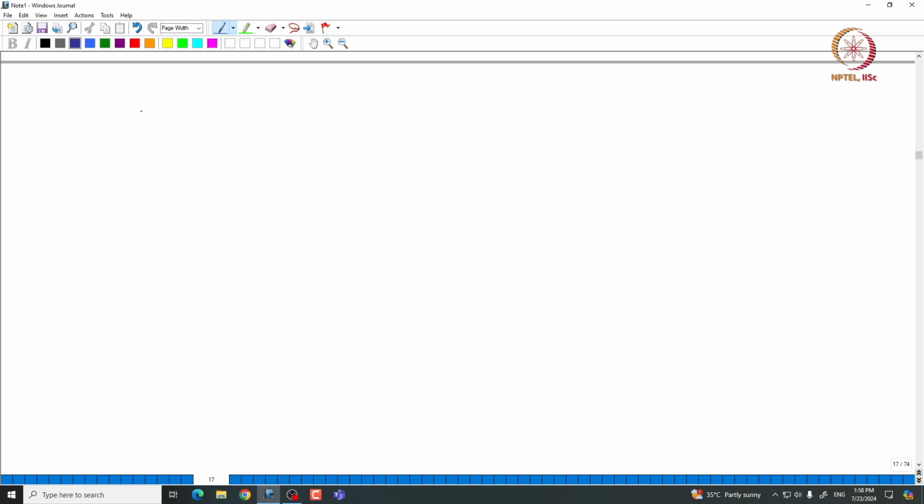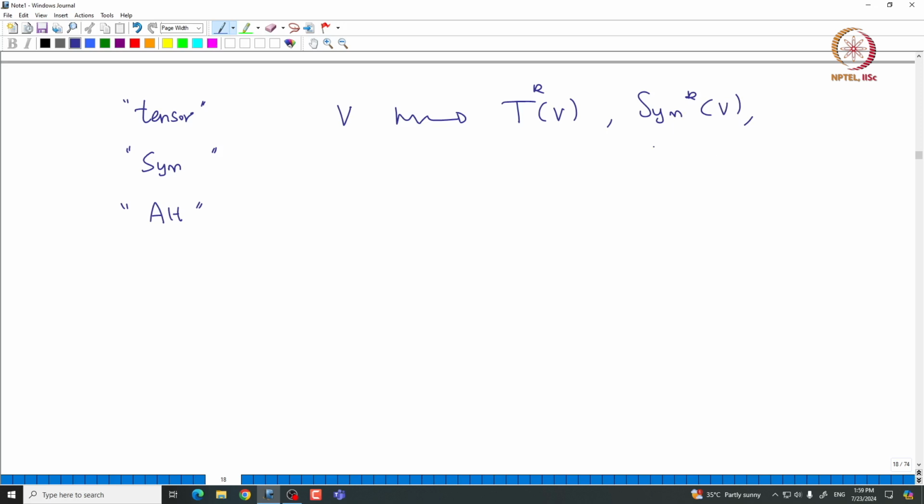One is taking the tensors, and taking the symmetric tensors, which is called sim, and we also have what is called alt. So basically, given a V module, one will be able to associate T k of V, sim k of V, and alt k of V.